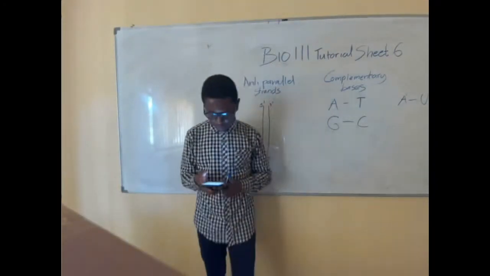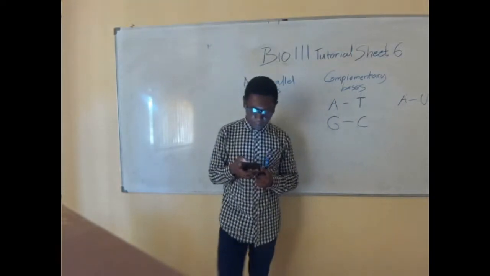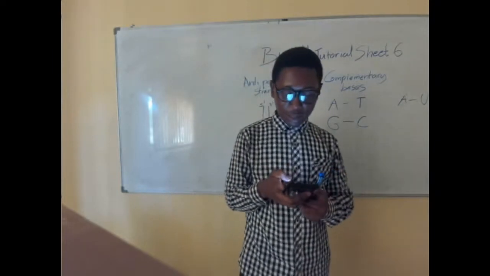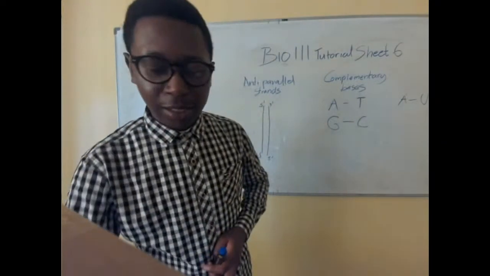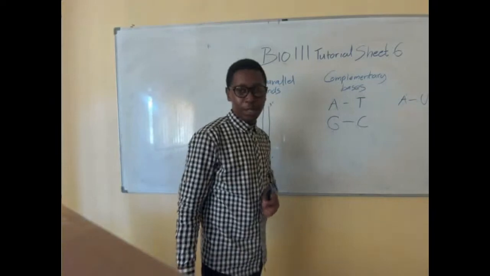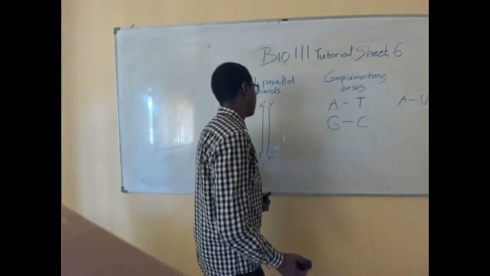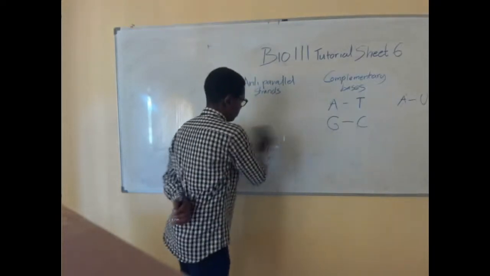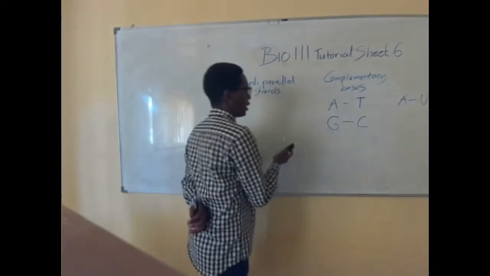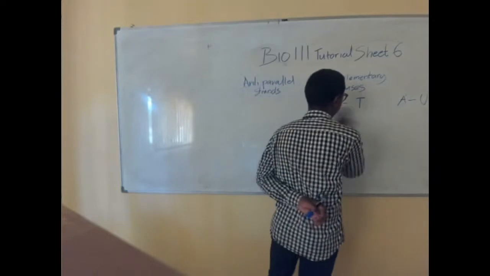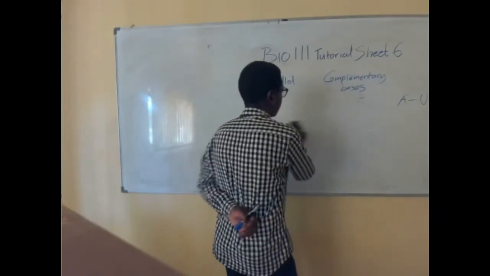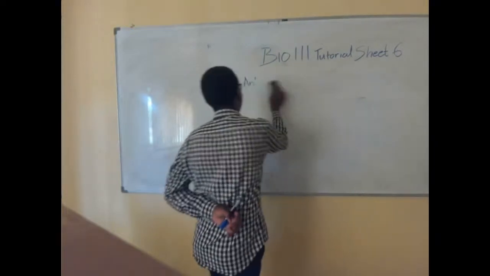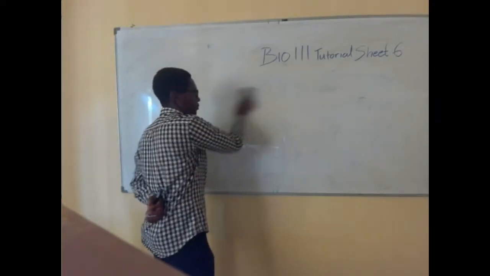Then we go to the final question, which says: explain the importance of nucleic acids in living bodies. So the two types of nucleic acids that we find in our living bodies are RNA and DNA.